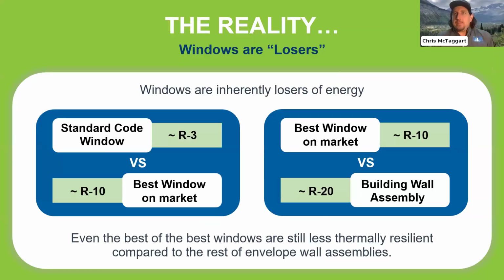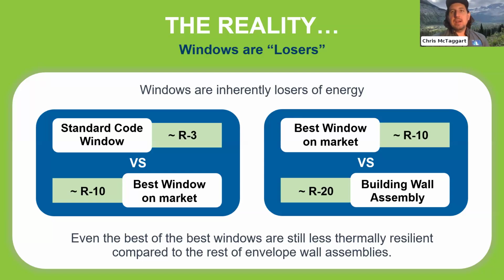And so before we dive into that NFRC sticker and each of these individual ones, an important and really critical thing for you to think about is, no matter what the NFRC sticker says, windows in general are not great for the building envelope.